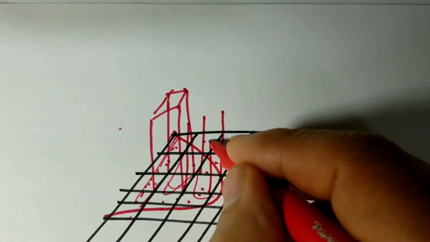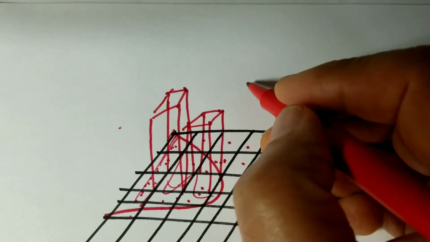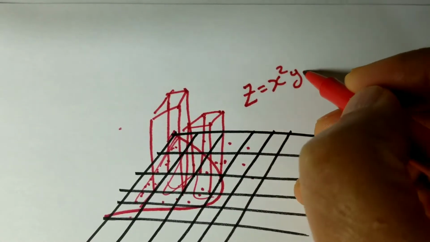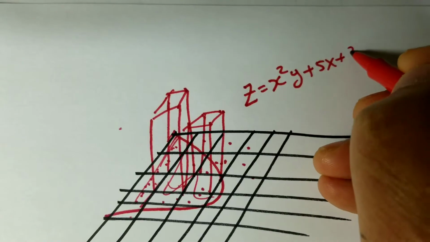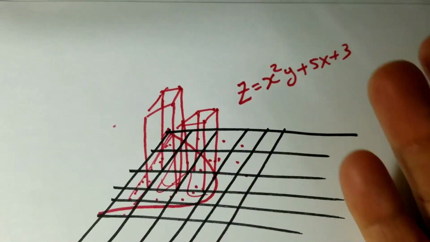Why are they different? Because they have different ordered pairs. Therefore, all of the heights are defined by that. And I just made this one up.